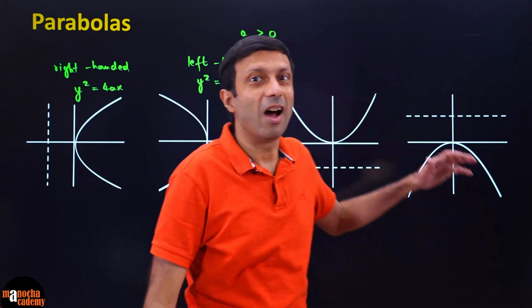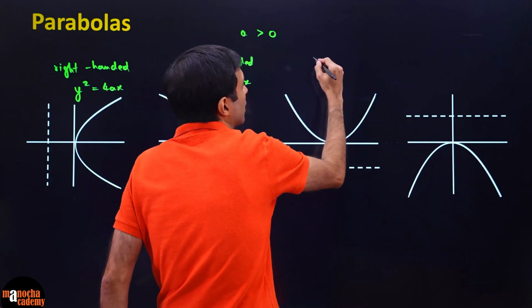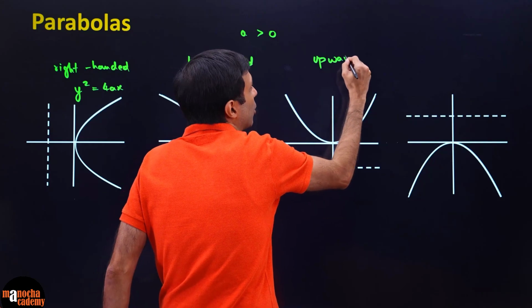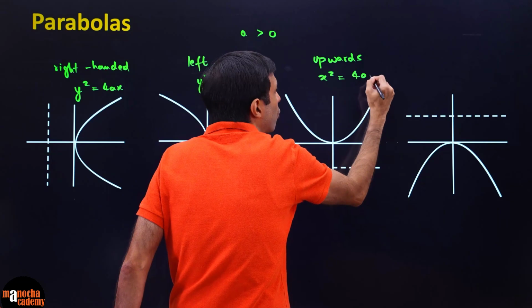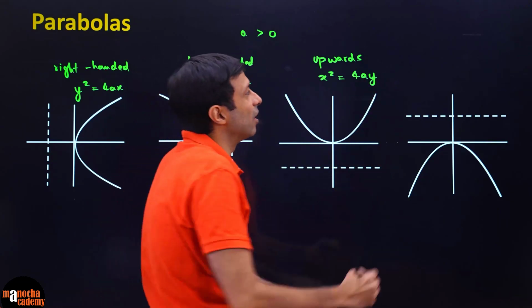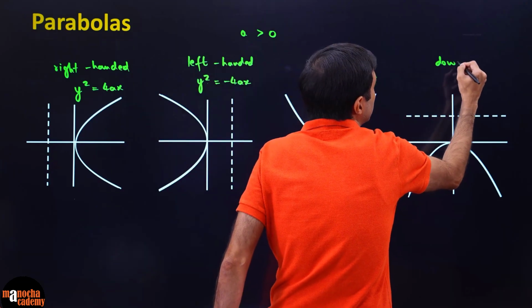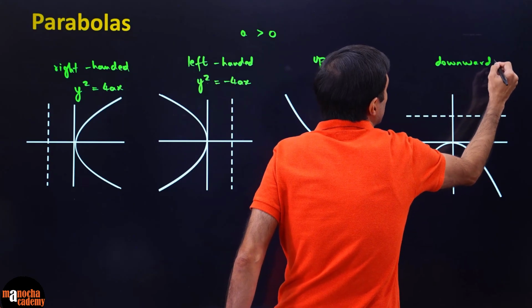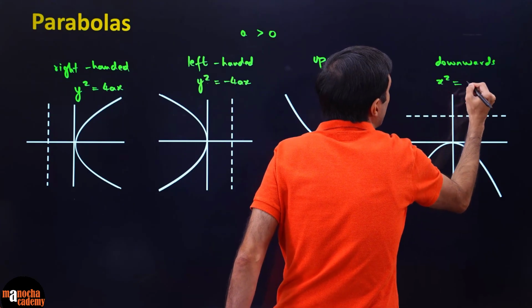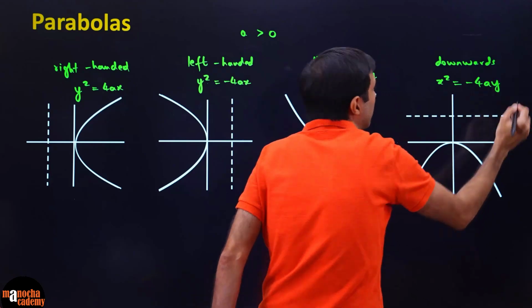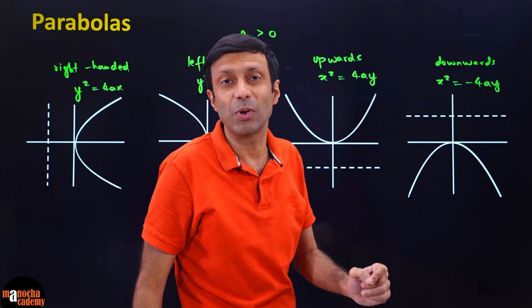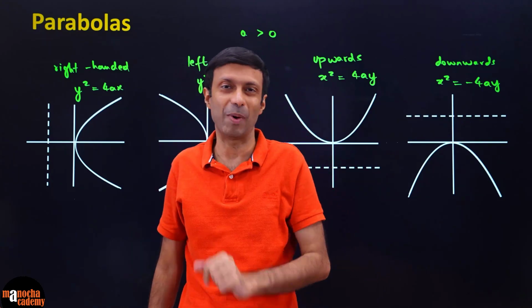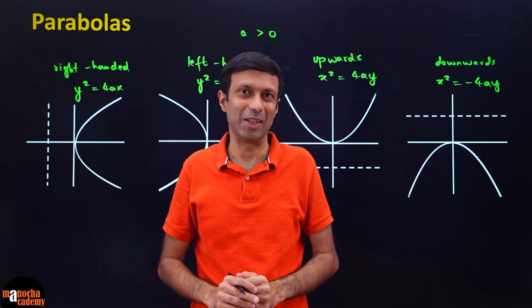And then you have your upward and downward parabolas. This is your smiling parabola, the upwards parabola, which had the equation x square equal to 4ay, and then your downwards parabola, which had the standard equation x square equal to -4ay. So remember this very important summary, because in many questions you have to decide the type of parabola and then you solve the question based on that.